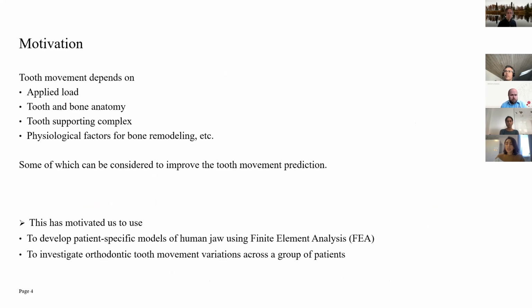But in general, tooth movement can depend on different factors, and it can differ from one patient to another. It can depend on the magnitude of the applied load, the bone and tooth supporting complex, physiological factors, and some metabolism factors that can affect the bone remodeling process.